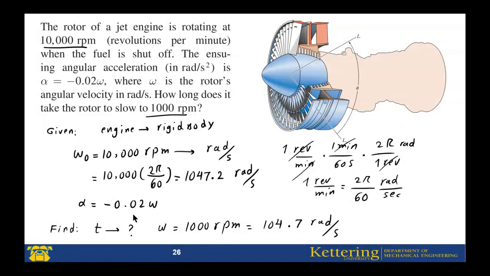Can I move to the next slide? Using that equation that I just mentioned, alpha is minus 0.02 omega. What is the relation between alpha and omega? Angular acceleration and angular velocity. What is their relation?